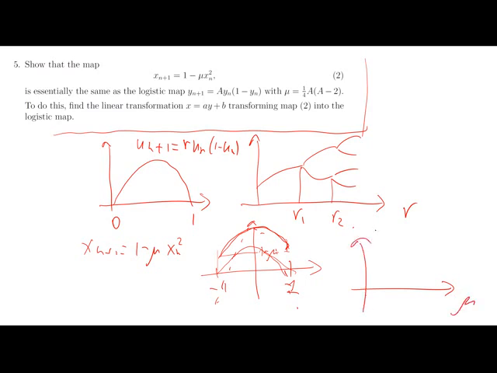Mu, this is x, and it would be something similar to this guy. I'm afraid to plot something not correct. But what we can say is R1 is the value of your parameter R where you get to a periodic solution.